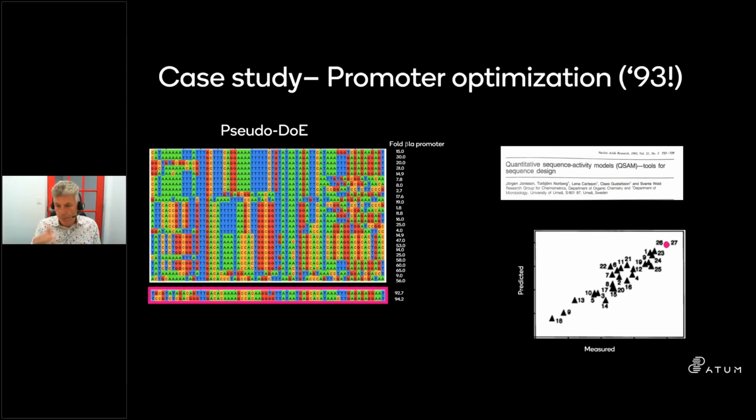And this paper's been published a long time ago. All the data is available. So what you see here, if you kind of squint, is what we'll call a pseudo DOE. I say that because you see these chunks of sequence elements that are represented across this data set, and you see them vary across. But this is really more opportunistic DOE, in the sense of how these different promoters were cloned, sequenced and expressed at the time.